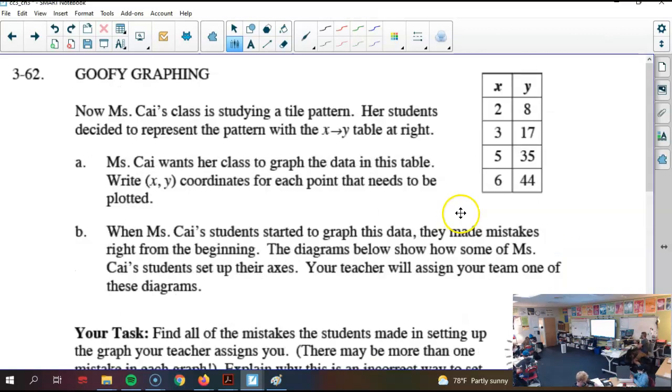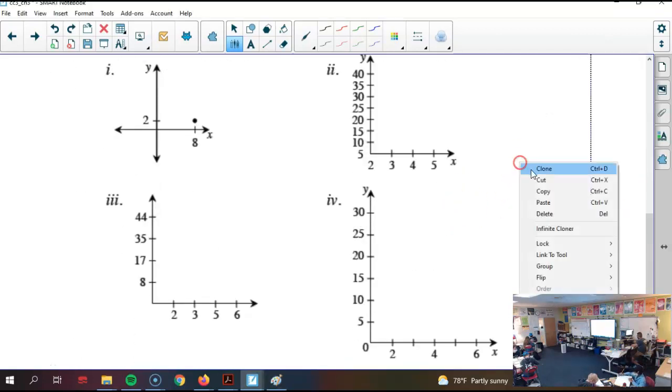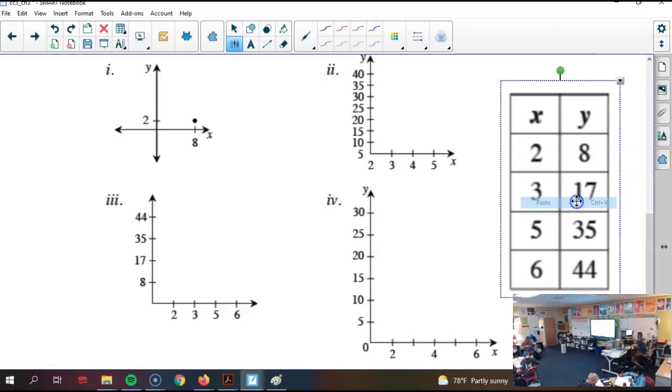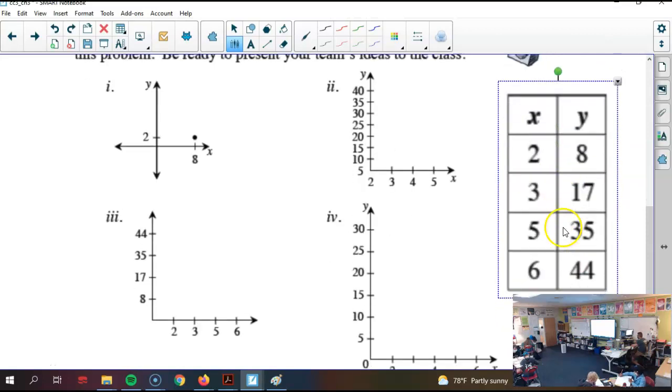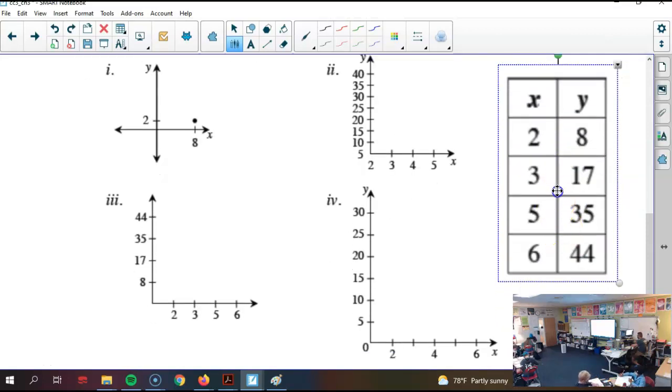So their data, I'm going to try to copy it real quick and get it down. This is the data they've been asked to graph, and these are 4 graphs that kids made thinking, okay, I'm on my way now.